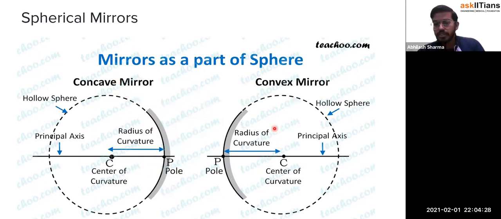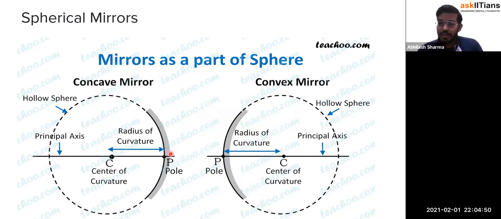What about convex? For convex, we polish it from the outside. When you polish it from the outside, the outside is the reflecting part and the inner portion is the non-reflecting side.